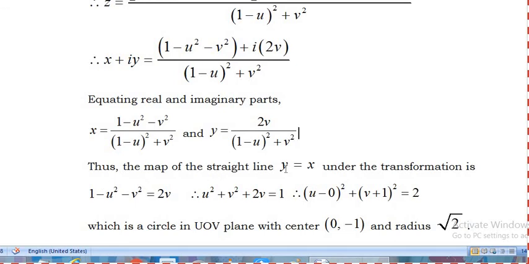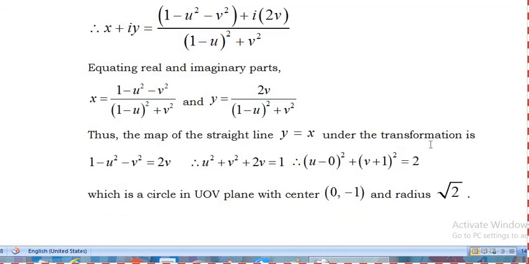Thus the map of the straight line y equal to x under the transformation is, as x and y both have the same denominator, numerator must also be the same. 1 minus u square minus v square is equal to 2v. Therefore, u square plus v square plus 2v is equal to 1.